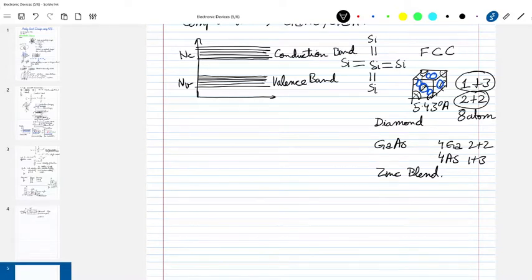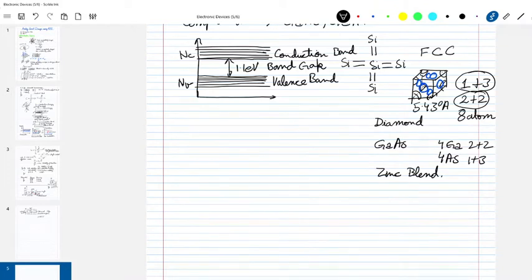The energy possessed by electrons which are part of a covalent bond is called the valence band, while the minimum energy required to free the electron from being captured by any of the nucleus is called the conduction band. The difference between them is 1.1 electron volts in the case of silicon. This is called the band gap.